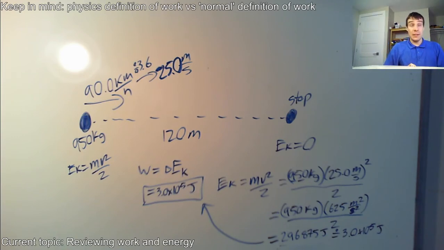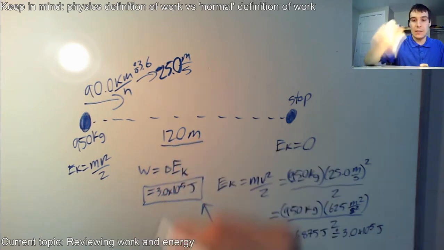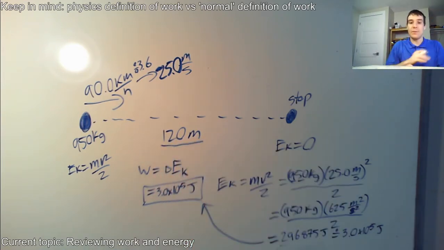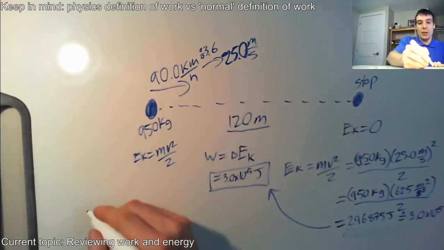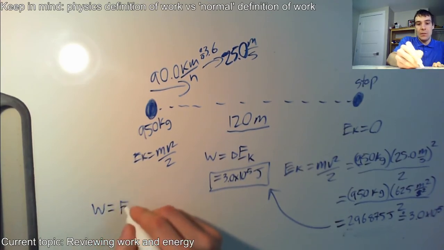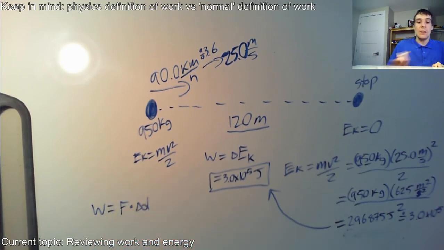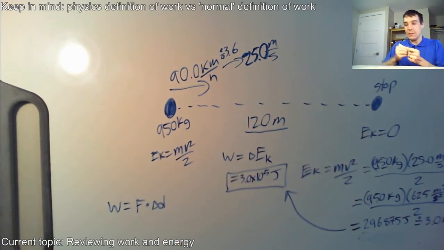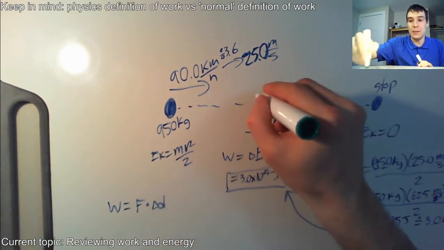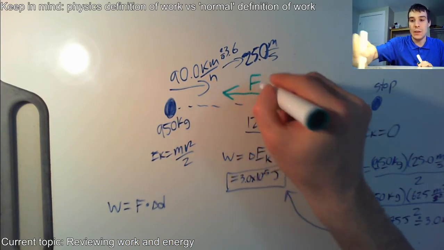Now the problem's asking us also to use this distance to figure out how much average force it took to stop the car. So to do that, we need the other equation, which is work is force times delta distance. In this case, the force is going to be a force of friction, and the force is against the motion.